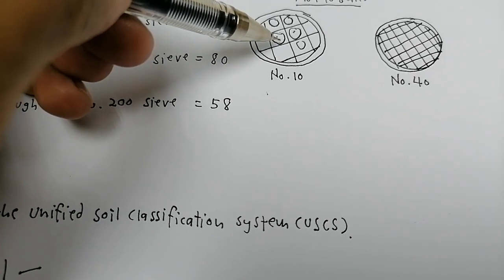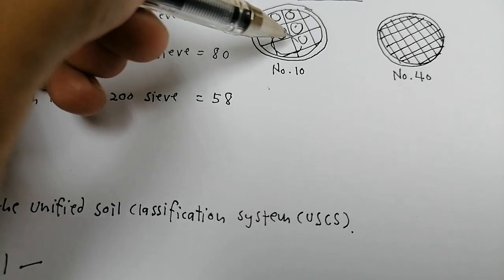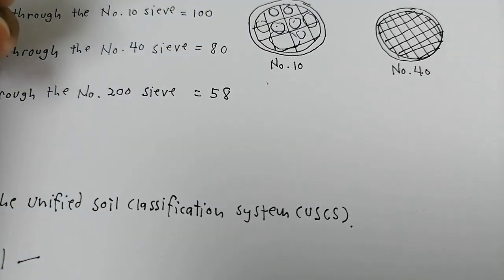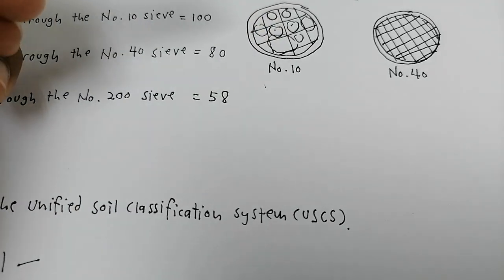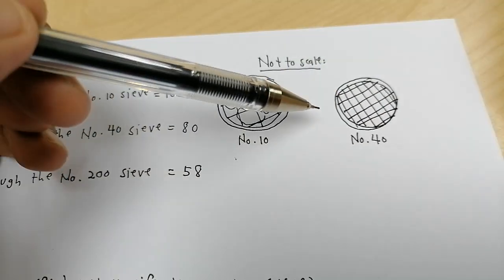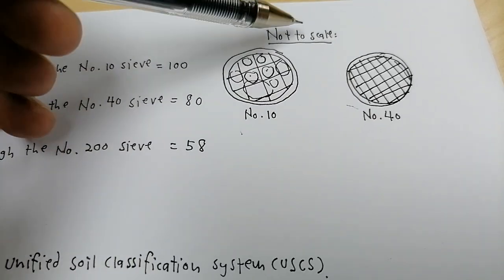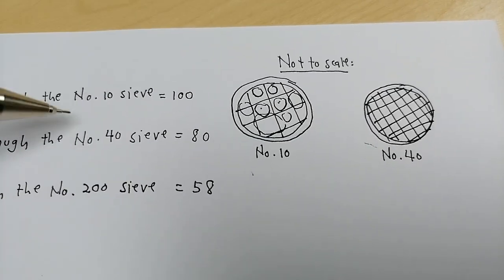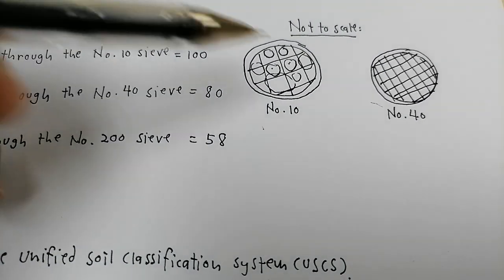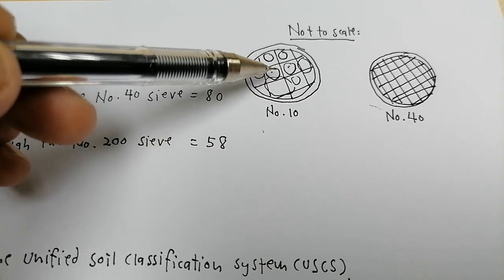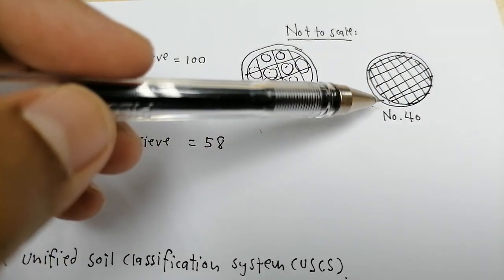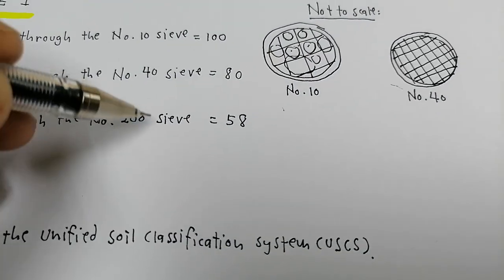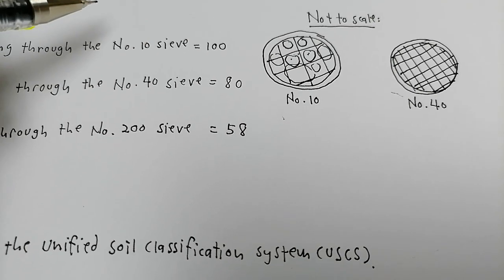Okay, so if the particles are bigger, then dia akan melekat lah, akan berada di atas sieve ni. Okay, the particle cannot pass the sieve if it's big. And then yang ni pula number 40. Okay, ingat dia bukan to scale, saya tak ikut skala. Just want to show you what these mean. Okay, so number 10 dia punya opening dia besar, number 40 opening dia kecil, and then as the number gets bigger, for example 200, it will be very small.